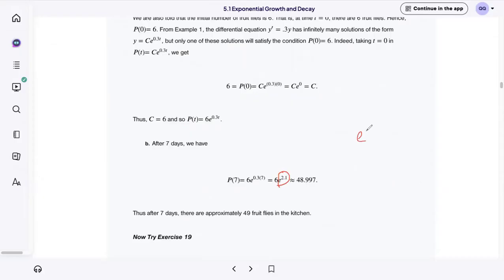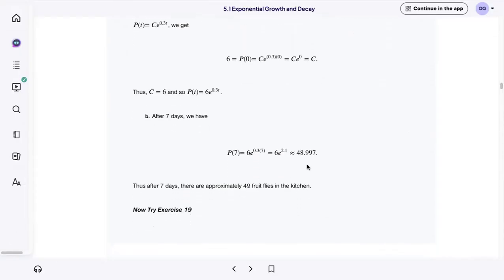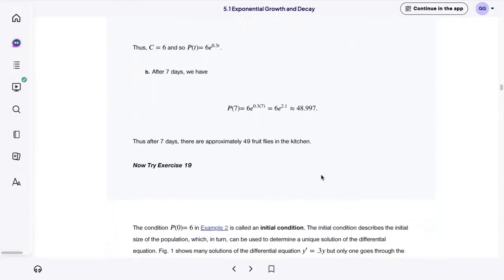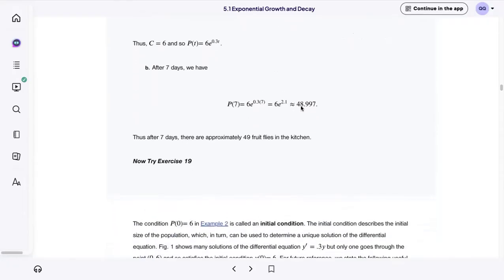So press e, raise to 2.1 first, then multiply by 6. So that's 48.997. We have to round it up because we count flies discretely, 1, 2, 3. We won't be able to count 48.997 flies, right? So we just round it up.